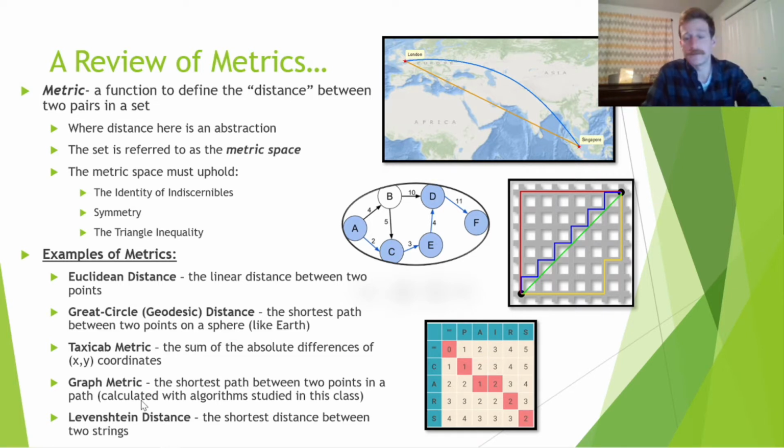Graph metric, we've studied a lot. That'd be like Dijkstra's algorithm for shortest path. And then one interesting example, more abstract, was the Levenshtein distance, which is the distance between strings. So here we'll be talking about the cost distance metric.